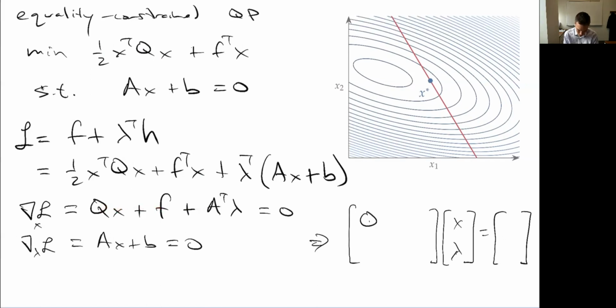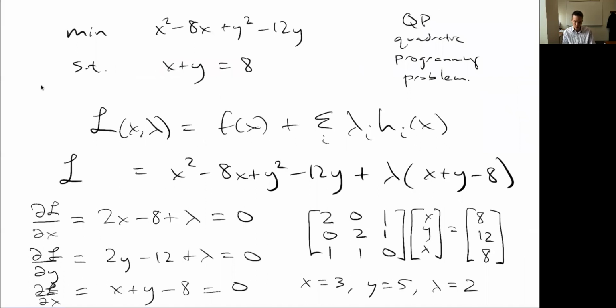That's Q times X plus A transpose times lambda equals minus F. And then the bottom equation says A times X plus 0 times lambda equals minus B. Okay, so what we've shown is that if I have an equality constrained QP, I'm going to get a linear system of equations, which is great.